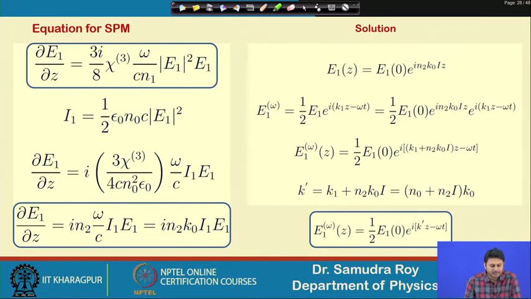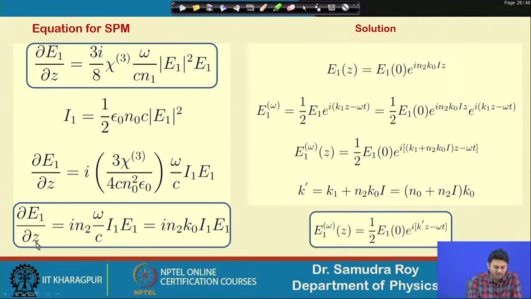Well, this solution we have already figured out in our previous class. Once again, to remind you how the phase is changing, in order to understand this phenomenon in a different way, we again show this.